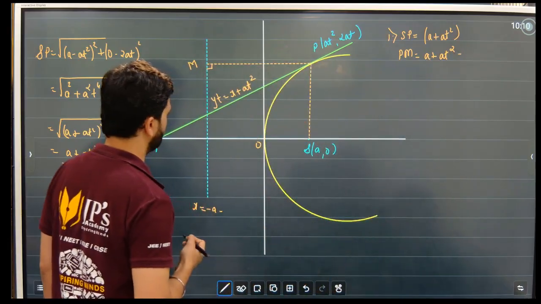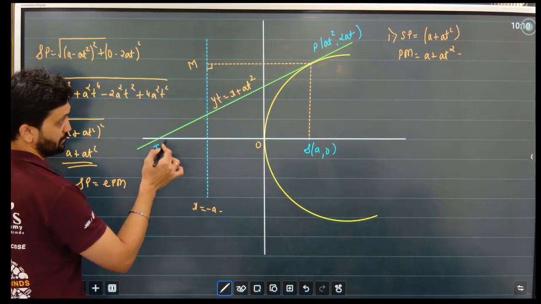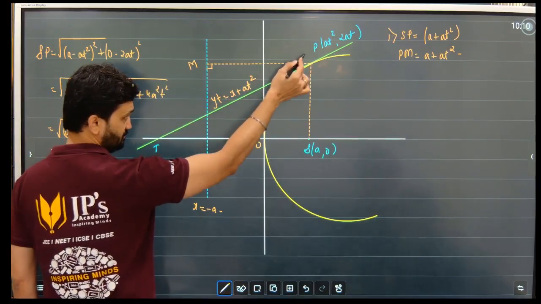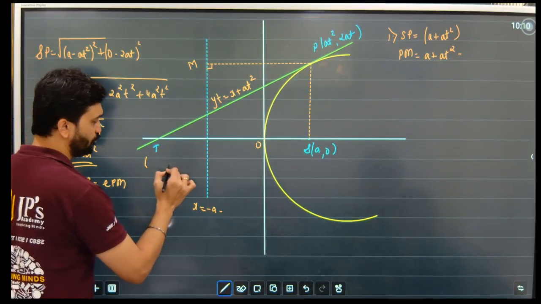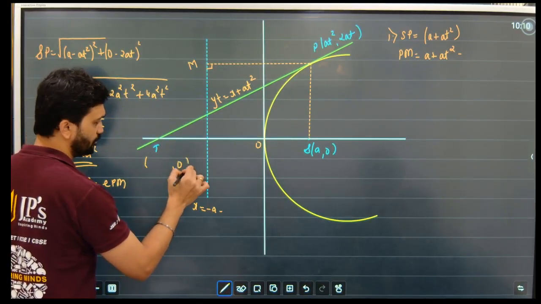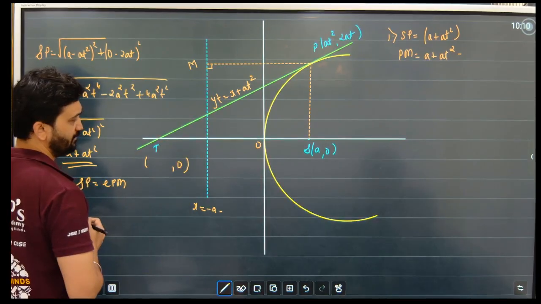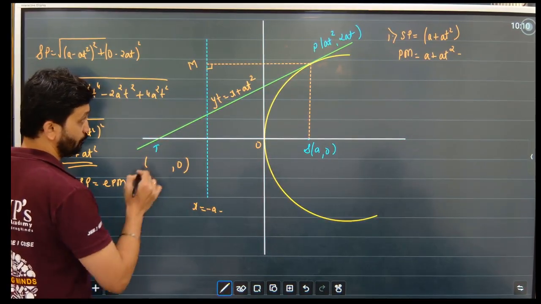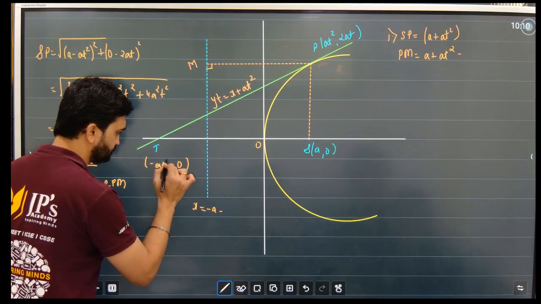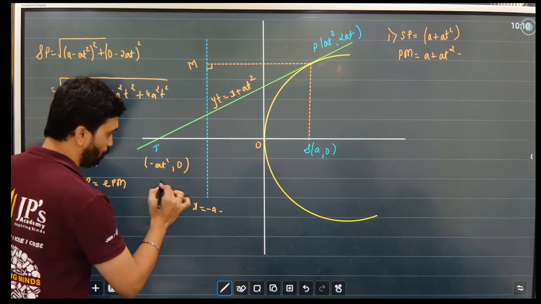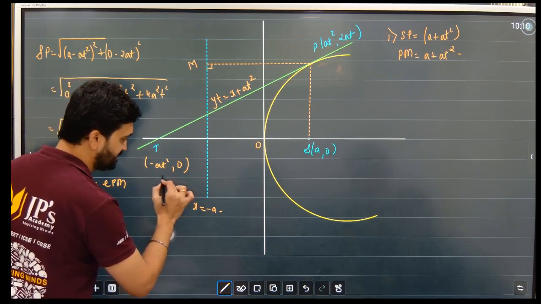T is a point on the x-axis. T is on the tangent. Since the tangent is cutting the x-axis, my y-coordinate is going to be 0. If I put y as 0, what is the x value? x plus at², so x is equal to minus at². So now, what is the ST value?